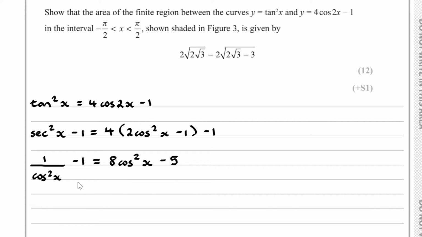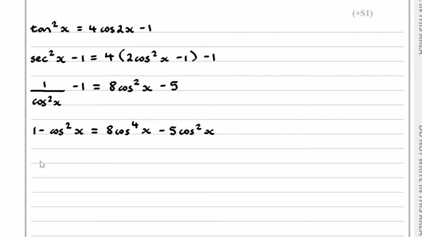And then if I multiply through by cos squared, I've got 1 minus cos squared x equals 8 cos 4x minus 5 cos squared x. And if I rearrange, I've got 8 cos 4x minus 4 cos squared x minus 1 equals 0.